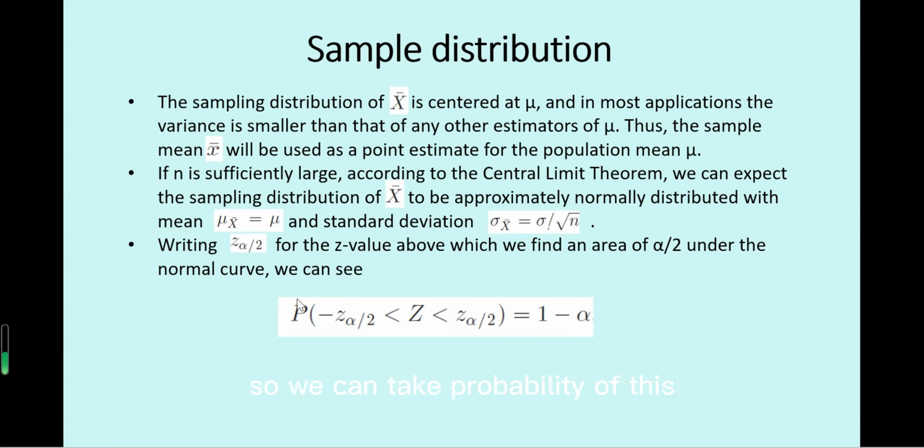So we can take the probability of this standard normal random variable being between these two bounds. The probability is 1 minus alpha, which is 0.95. This is also called the confidence level.